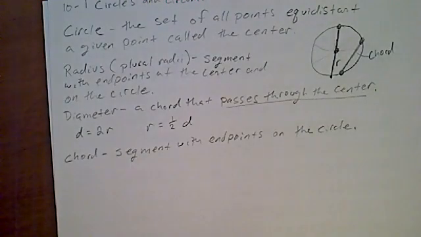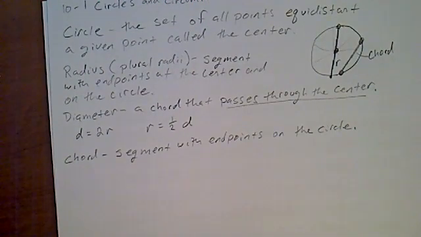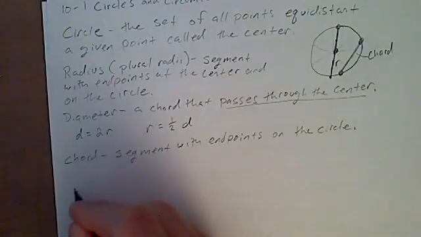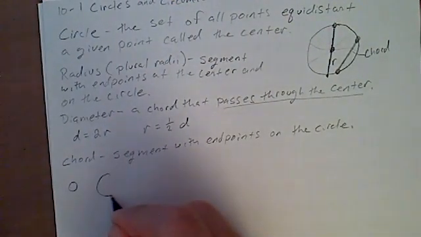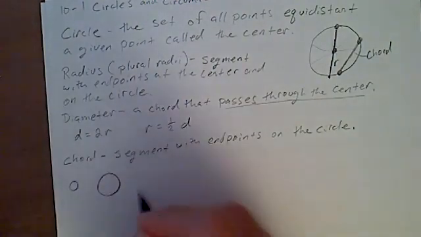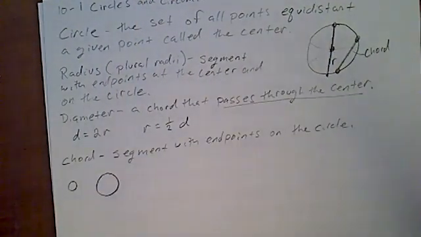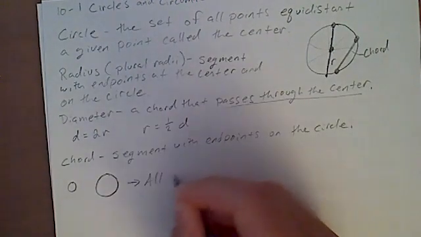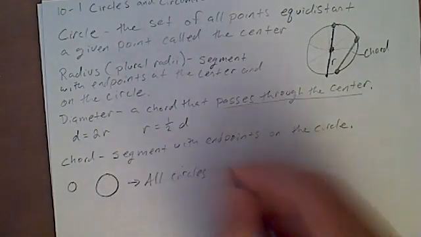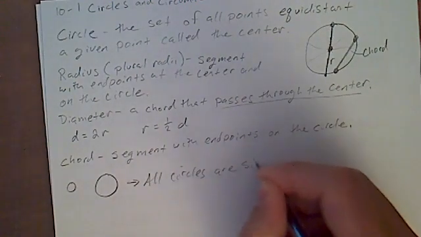A few other things. One is circles are congruent if they have congruent radii. All circles are similar. It doesn't matter if we have a small circle or a big circle, they're the same shape. They're just different sizes. All circles are similar.